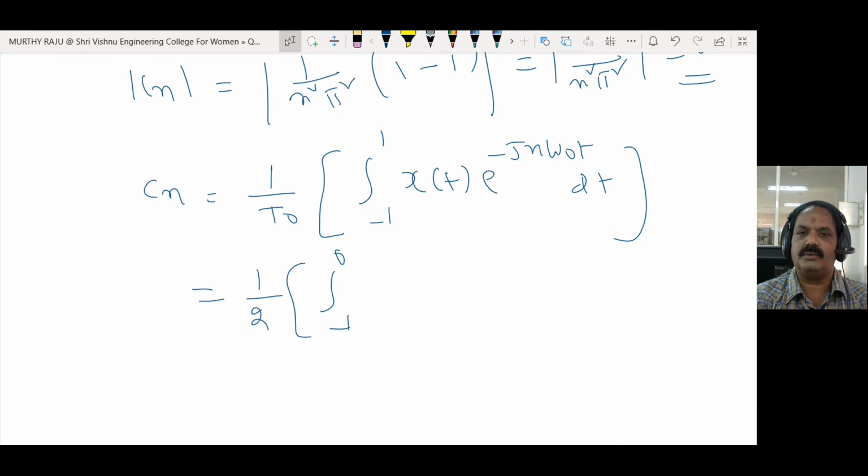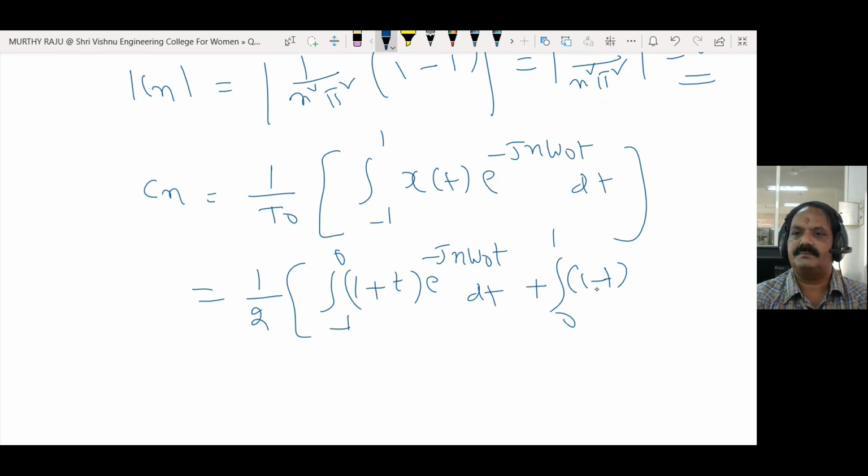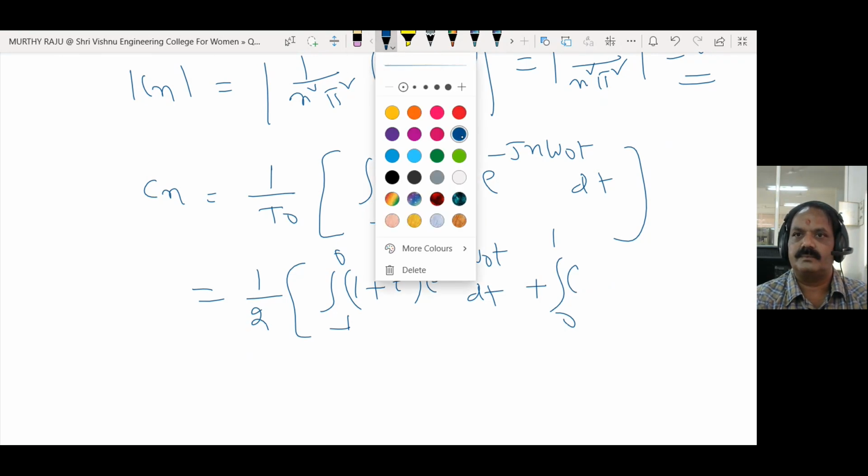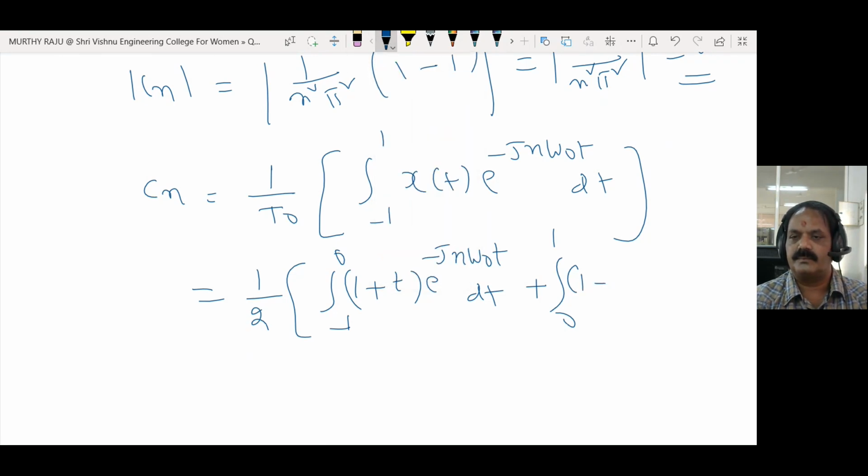Minus 1 to 0, x of t is 1 plus t, e power minus j n omega naught t dt, plus 0 to 1, x of t is 1 minus t, e power minus j n omega naught t dt.